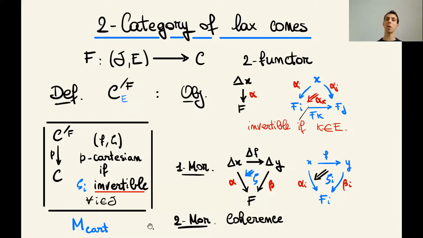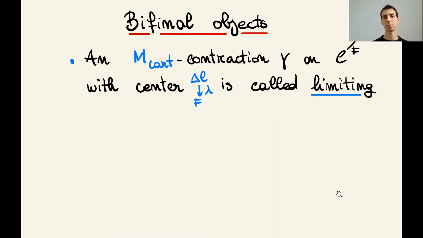This is some marking. It's the marking we need to talk about the right bifinality. What do I mean by this? I mean that this is the marking we need for defining our center to be the limit of this two-functor, right?